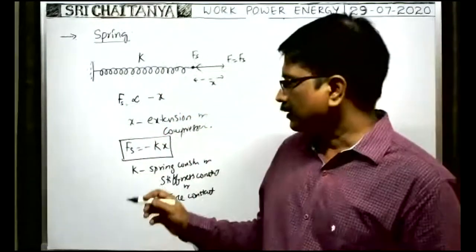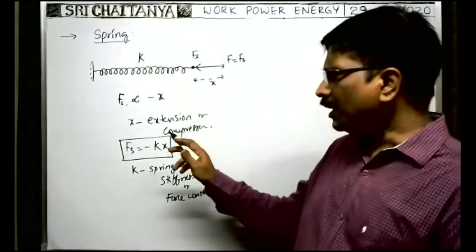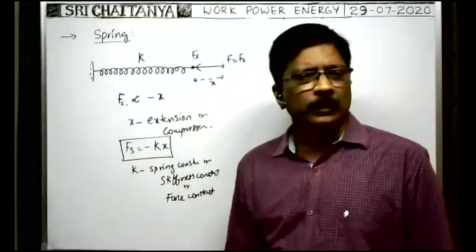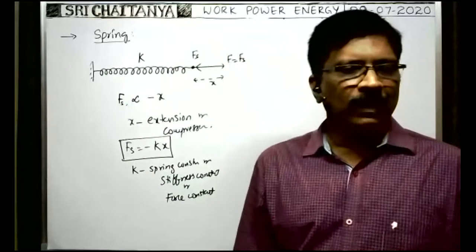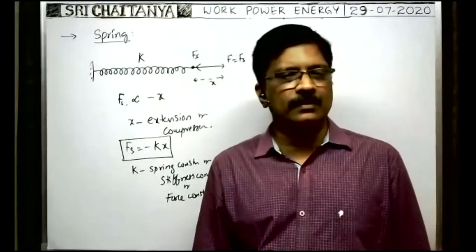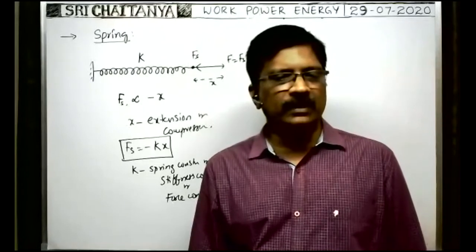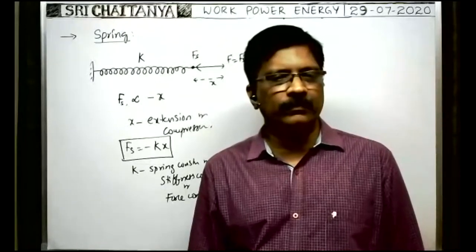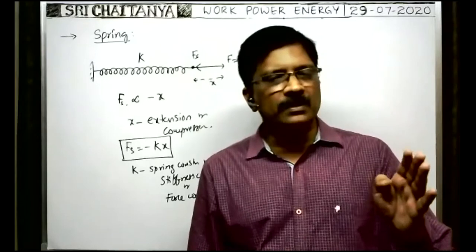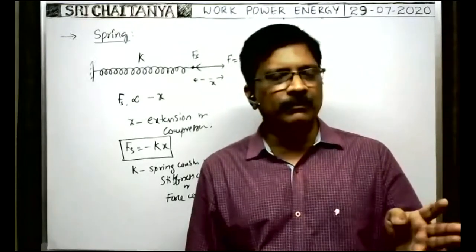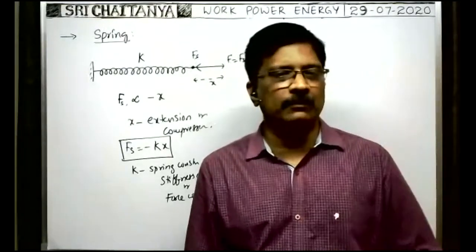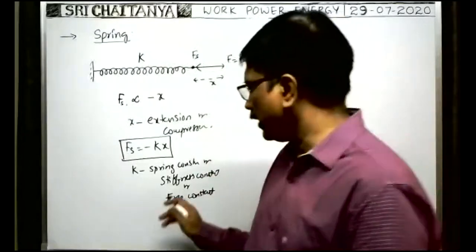Okay? Right. On what factor does the k value depend? Already I said. Come on, you respond immediately. Spring constant depends on the nature of the material of the spring and the length of the spring.